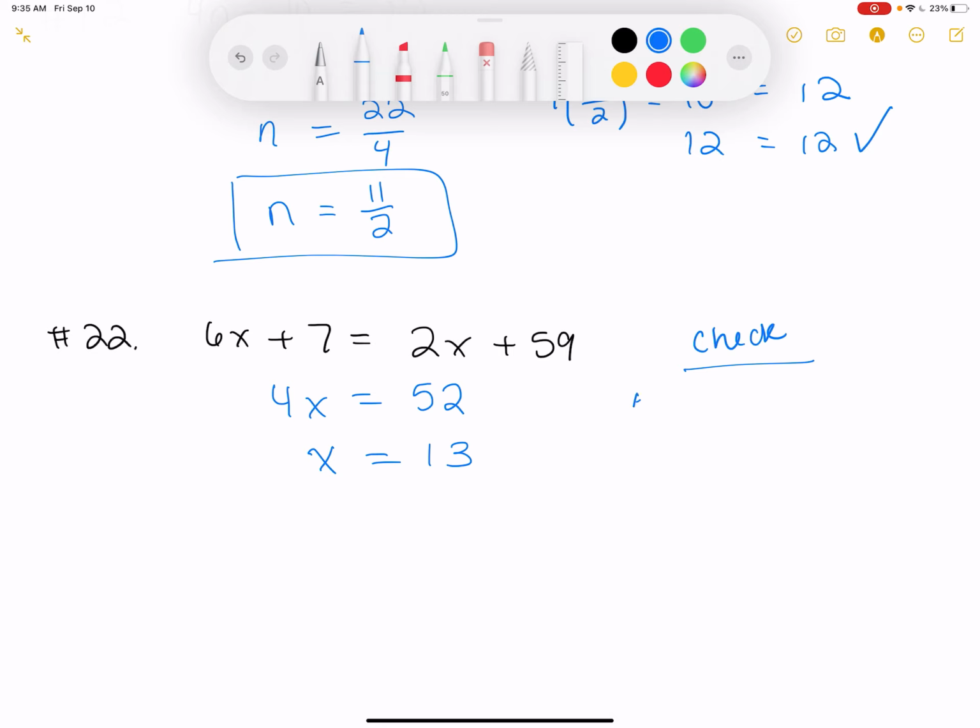So 6 times 13 plus 7 is equal to 2 times 13 plus 59. Anybody know 6 times 13 off the top of their head? 78. Plus 7, and then over here, what is that? 26, 59.